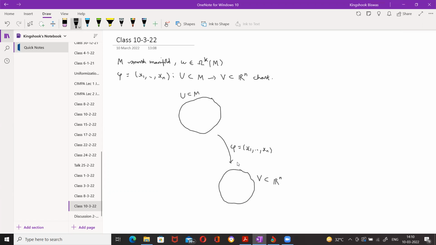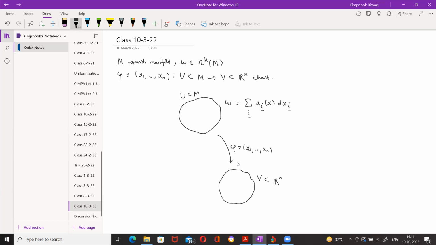So on this chart, omega I can write in terms of dx I. So let me write it as a sum over multi-indices I bar, A I bar of x. I write these as functions of the coordinates x, okay? So A I bar of x, dx I bar.